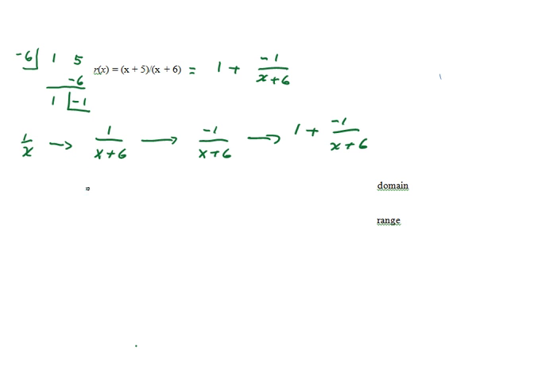So our 1 over x plus 6 is going to move 6 units to the left. So here our graph will have vertical asymptote x equals -6.